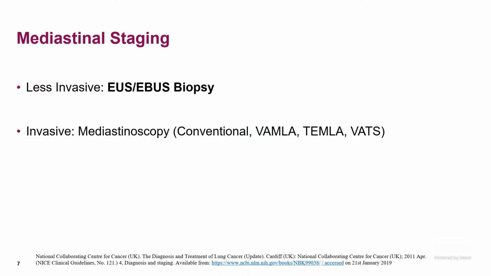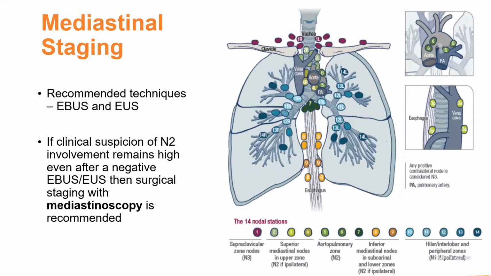There are various forms of mediastinoscopy: conventional open technique, VAMLA or video assisted technique, TEMLA or transcervical technique, and VATS. EBUS or EUS is a standard mediastinal staging investigation that most cancer facilities should have.